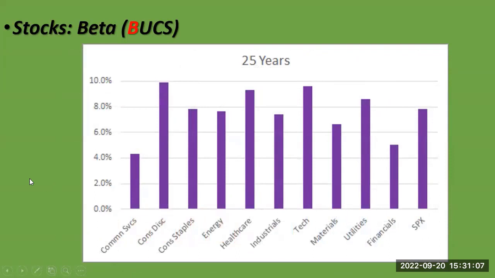Last 25 years. Can you believe that consumer discretionary has beat tech the last 25 years? The S&P 500 is up about 8%. What is that? That's a 2% dividend yield and 6% earnings growth. Exactly what you would expect. Consumer discretionary is up 10%. Healthcare is doing pretty well. Consumer services here.